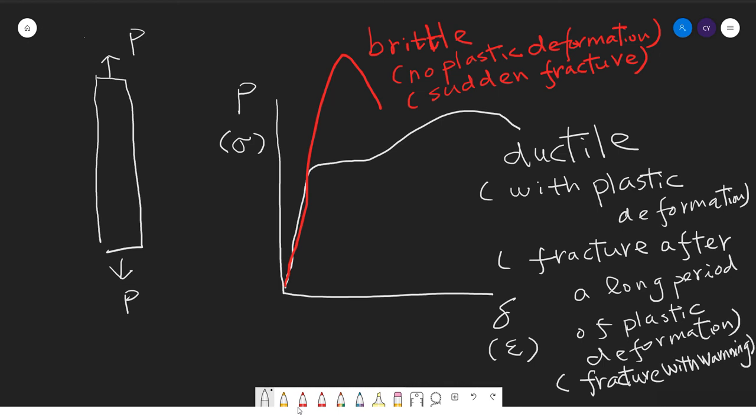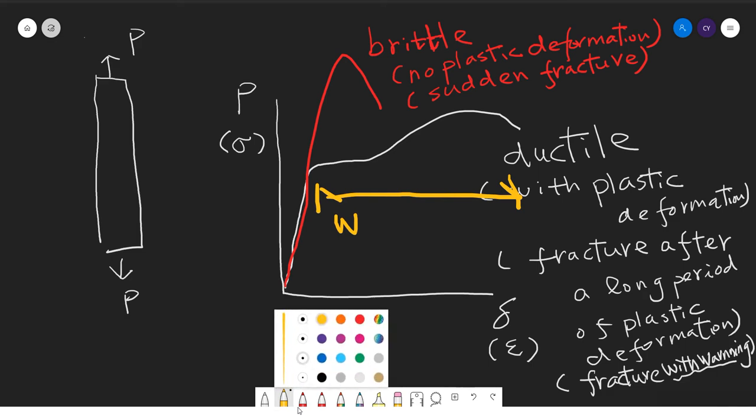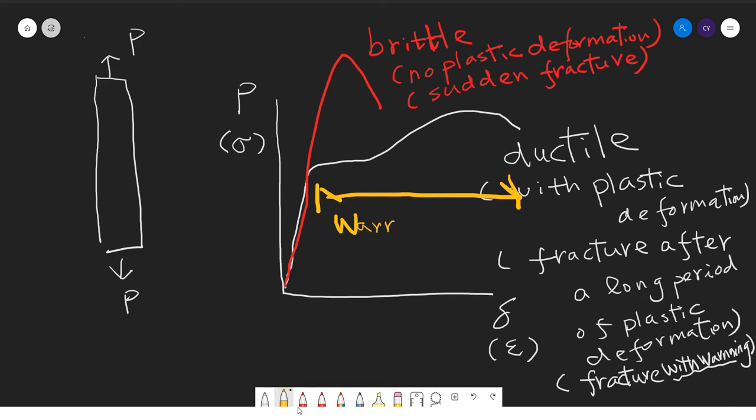The warning means before fracture, you have a long distance, essentially from here to here. It's a long distance. It's a warning period.